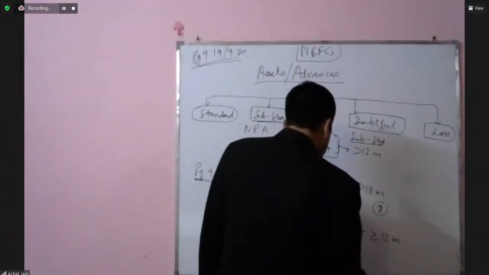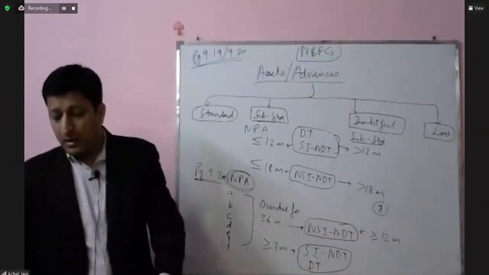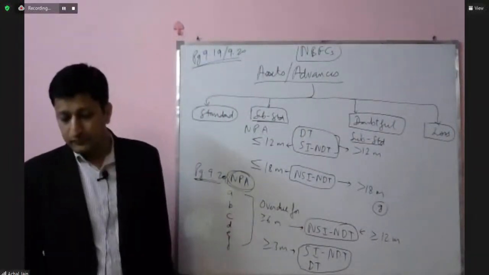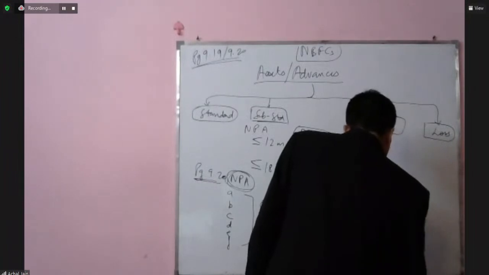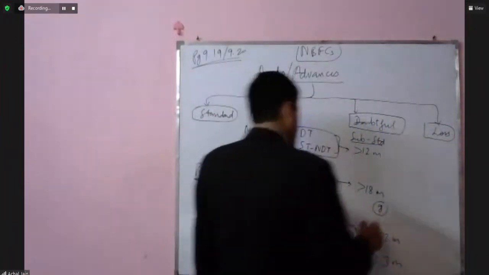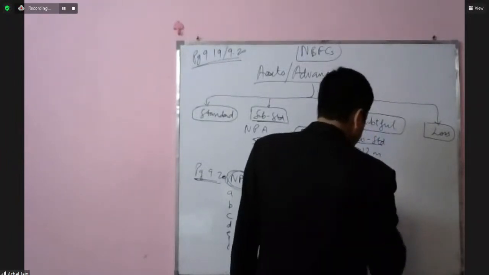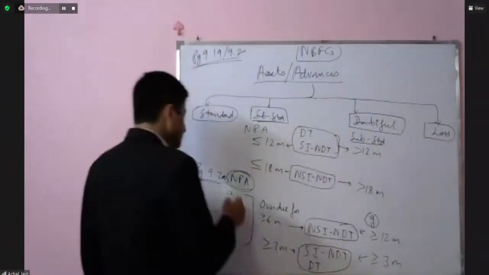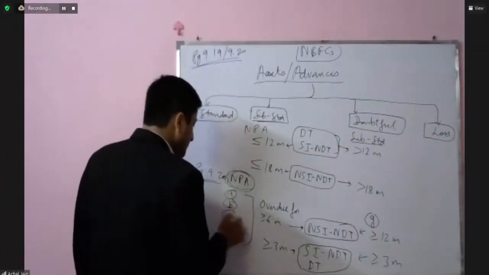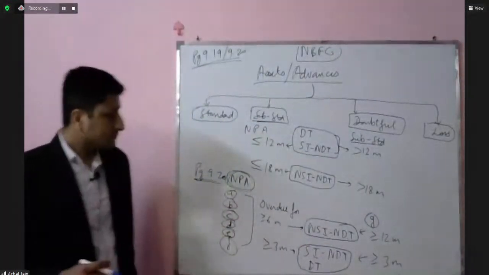But in case it's systemically important non-deposit taking or the deposit taking one, then it will be 3 months. Okay, this is for point number G. A, B, C, D, E, F, and G.